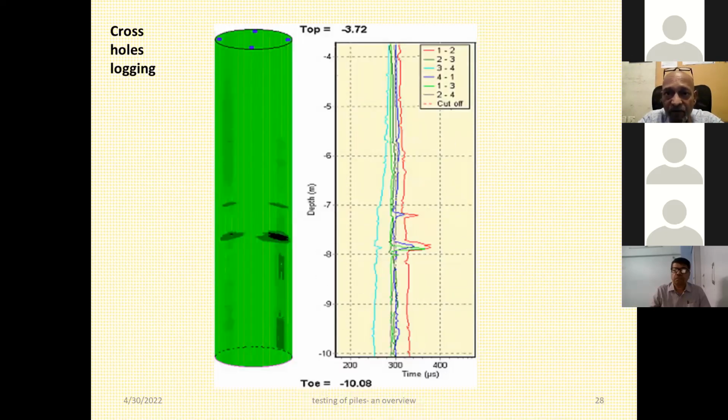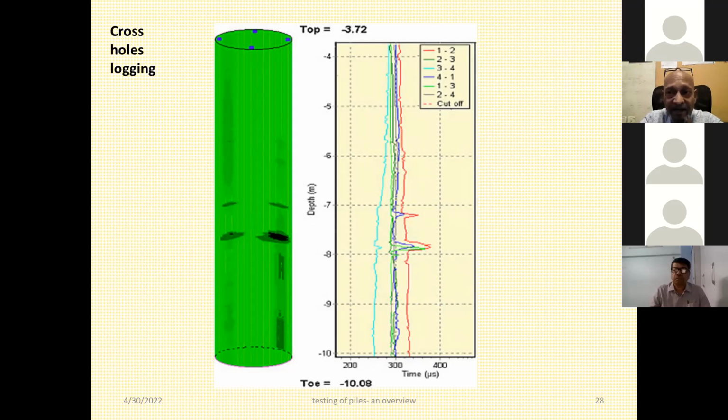This is another kind of output of the same project. Here the time of arrival of the waves is plotted, and now you see there is a defect here, and suddenly there are counter waves coming at a longer time, because the waves have to travel around the defect, and that's why it takes slightly more time than when the concrete is sound.